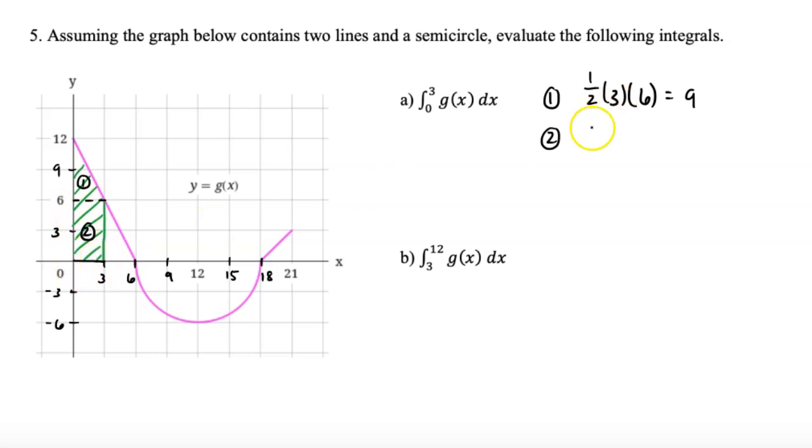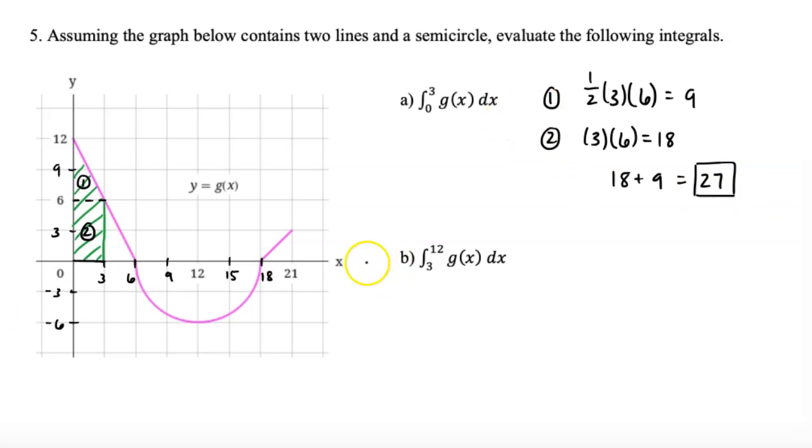So width is 3, height is 6. And so this is going to be 18. And so my first integral is just going to be 18 plus 9, because both are above the x-axis. And so this is going to be 27. So that's the value of my first integral.